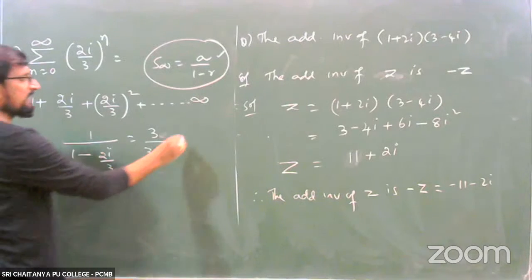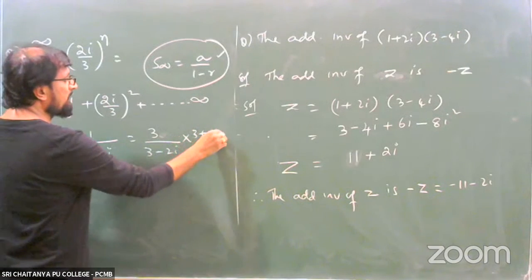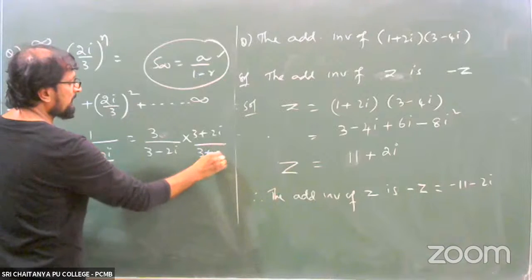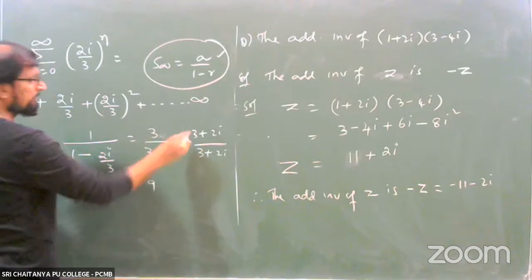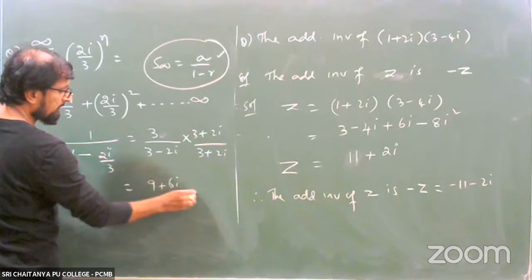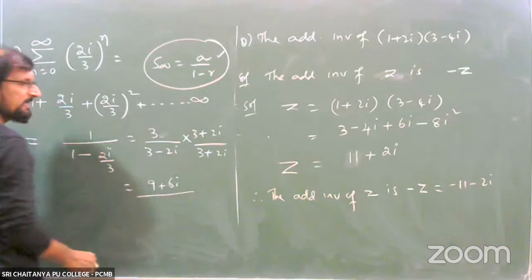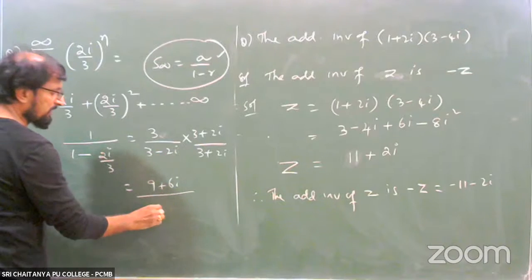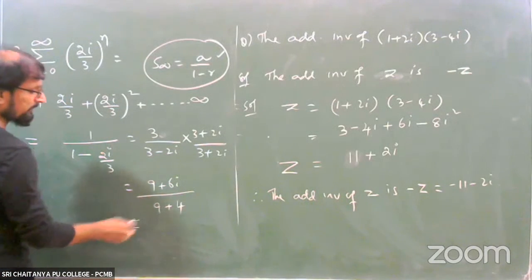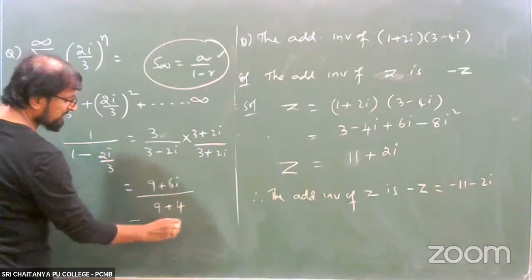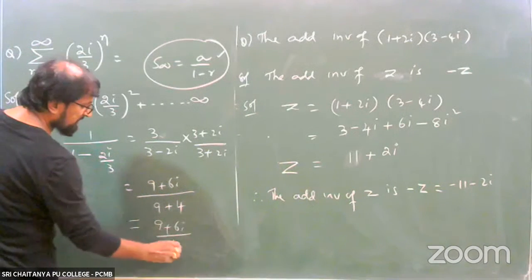So multiply and divide by 3 plus 2i, we are going to get this one. So 3 3s are 9 plus 6i by a minus b into a plus b is equal to a square plus b square. So which is equal to 9 plus 4 is equal to 13. So (9 plus 6i) by 13 is the answer.